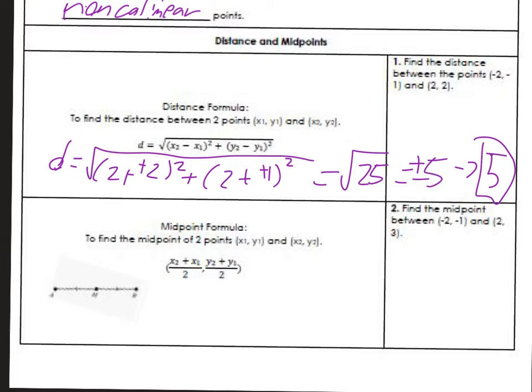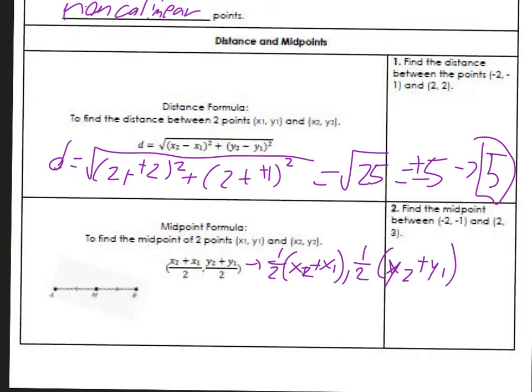Midpoint formula. The midpoint formula of (x sub 2 plus x sub 1) over 2 and (y sub 2 plus y sub 1) over 2 gives us the point halfway between 2 points. In fact, we can rewrite this, make it a little nicer and more relatable to the fractional distance formula: 1/2 of (x sub 2 plus x sub 1), comma, 1/2 of (y sub 2 plus y sub 1).